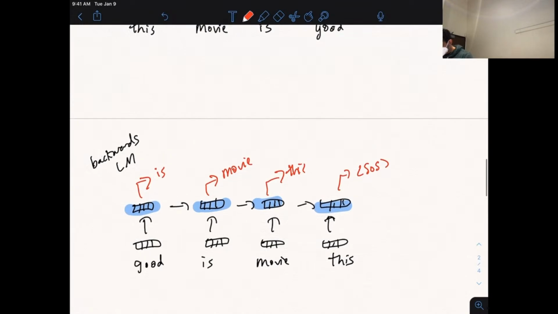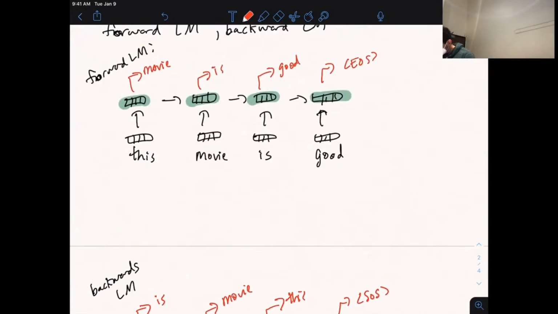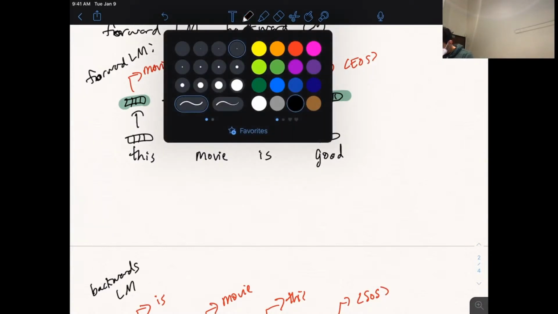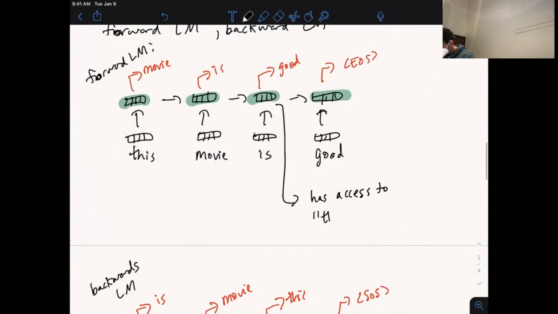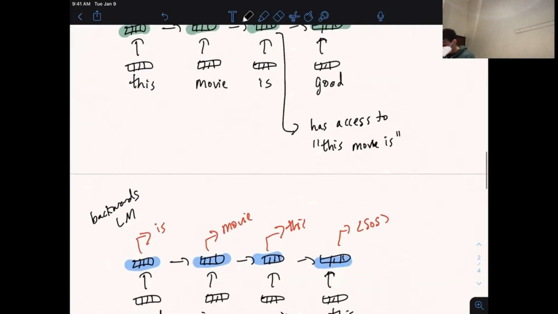Note that now if I combine some of these hidden states together, I can have a representation of the entire sentence. For example, this hidden state here has access to "this movie is", but it does not have access to the word "good" because that comes in the next time step.